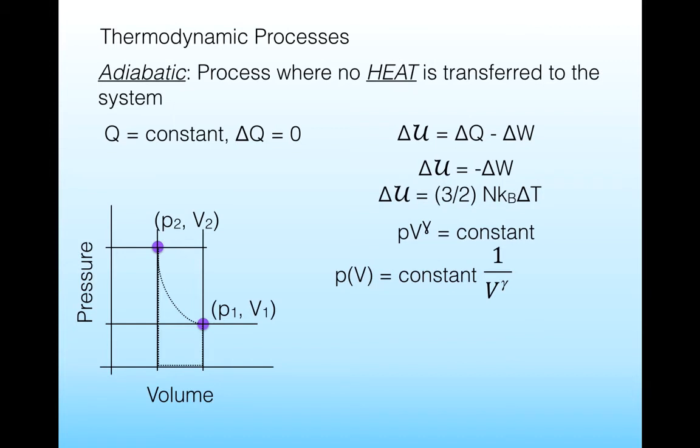That, when plotted, looks like the plot to the left here on the PV diagram. It's actually a steeper curve than what you would have for an isothermal process. And in fact, the temperature does change in this process, and there is a change in total internal energy. This gamma, interestingly, is equal to the ratio between Cp over Cv, which ends up being 5/3.